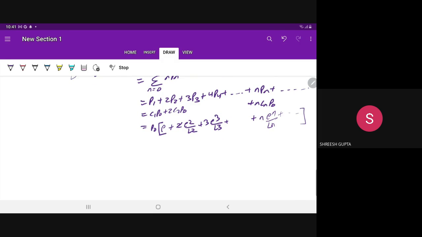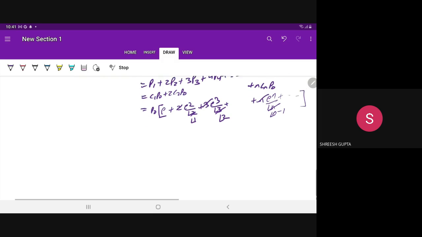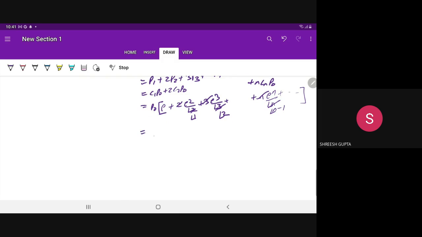So the 2 cancels out, here we have factorial 1, 3 will give you factorial 2, and this will give you factorial n minus 1. If in the numerator you take rho common, rho into P naught, inside we have 1 plus rho upon factorial 1, rho square upon factorial 2, rho to power n minus 1 upon factorial n minus 1 and so on.